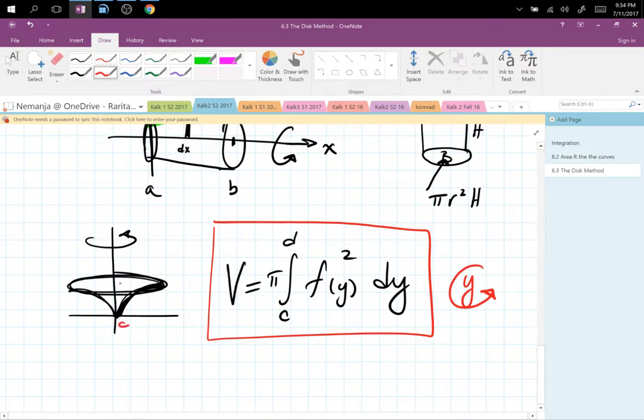So here's your c, here's your d, and here's your function x equals f of y. You will have to quickly realize these things, that x is f of y and y is f of x, right? Should be common sense by now.